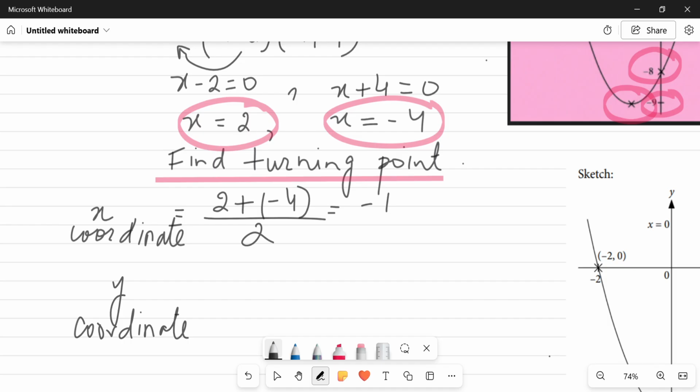In the question, you need to substitute the values.